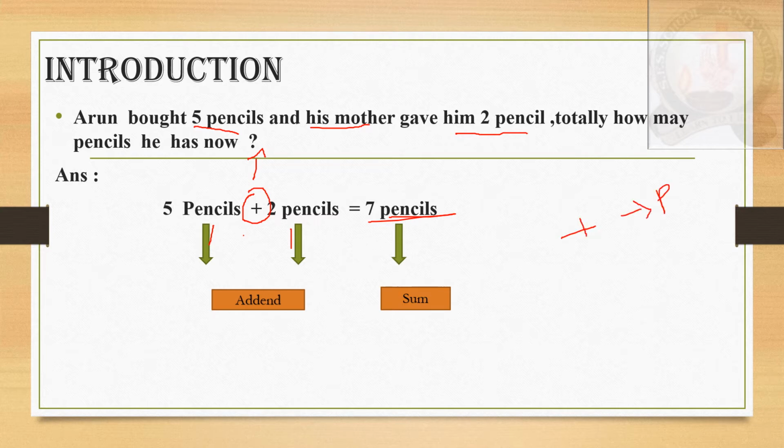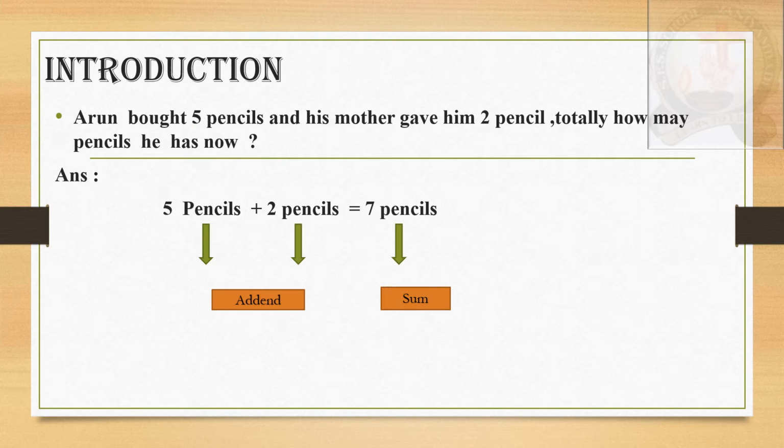It means this 2 will be added to the previous number, 5. The plus symbol represents that we should sum, that is, add. The number we add is called the addend, and its answer is called the sum. That is what we need to understand from this.